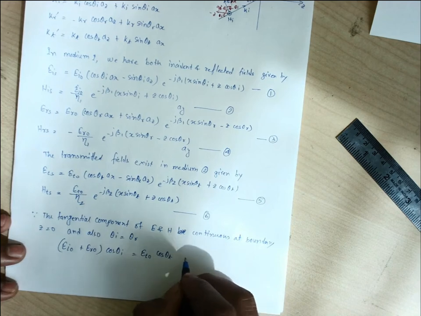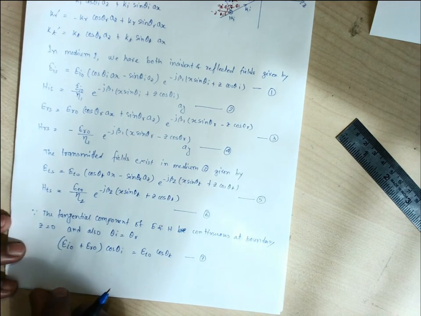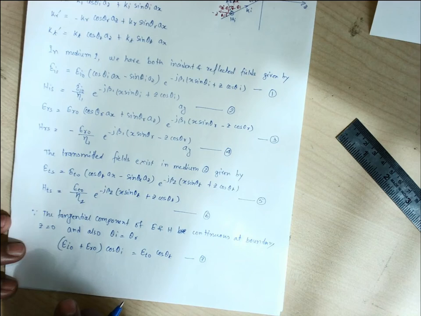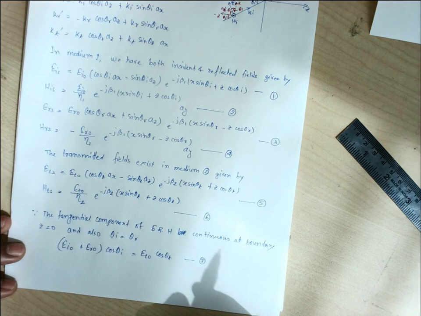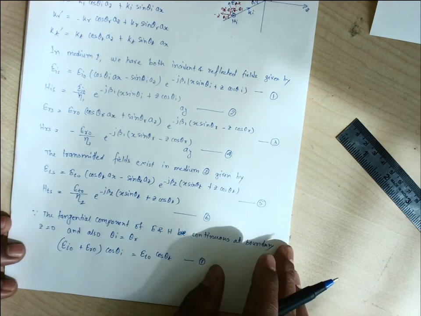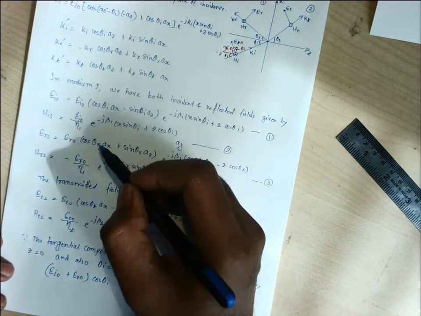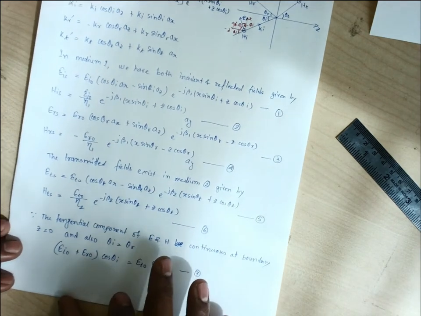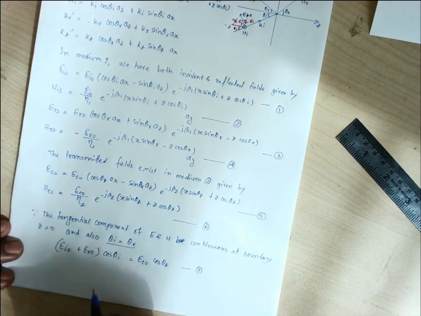This is equation number 7. The tangential component we have been considering at the plane of incidence is x. So for this x component we have cos theta t. Same for the incident we have cos theta I, and for the reflected we have cos theta r. Since theta I is equal to theta r, we have written it like this.